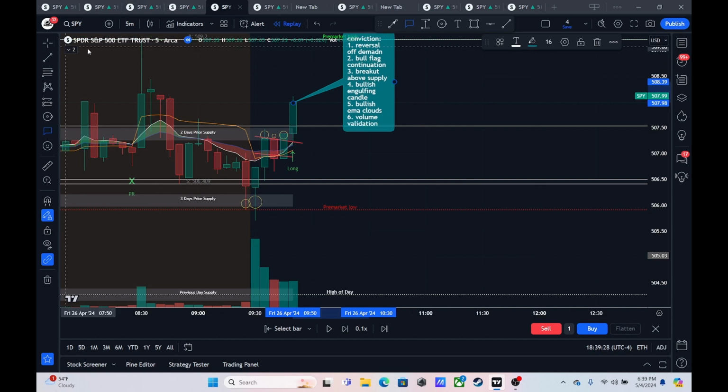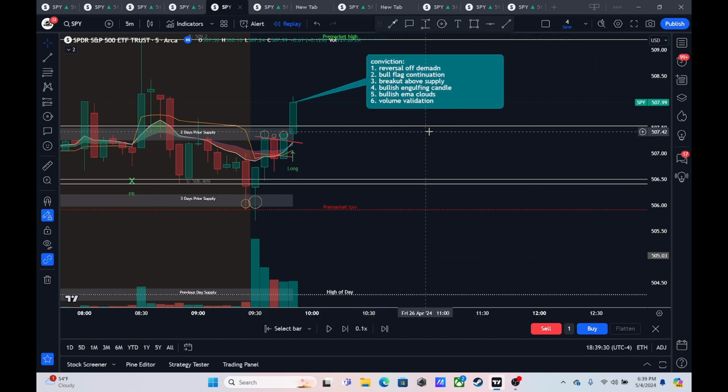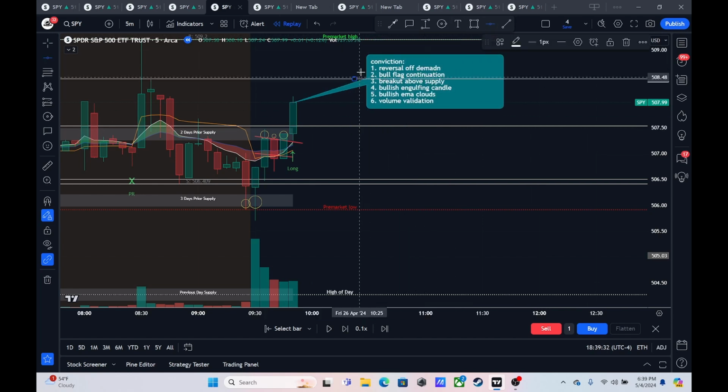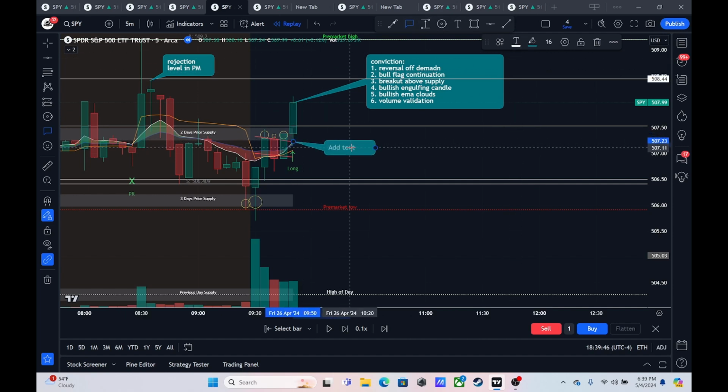All right, so that is what we like to see. And if we take a look at our next immediate resistance, you can see that we have this rejection level on pre-market high, or actually in pre-market. So that is our target, and then of course here we're going to make our stop is close below EMA clouds.